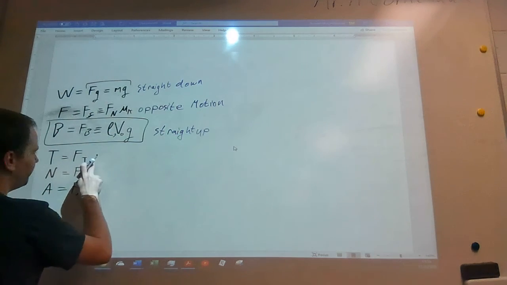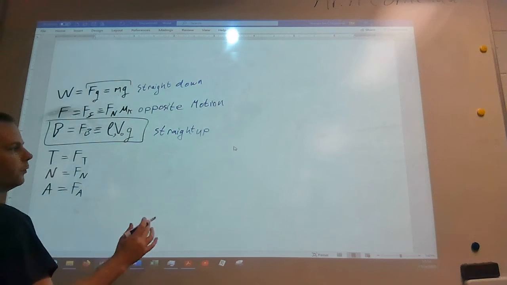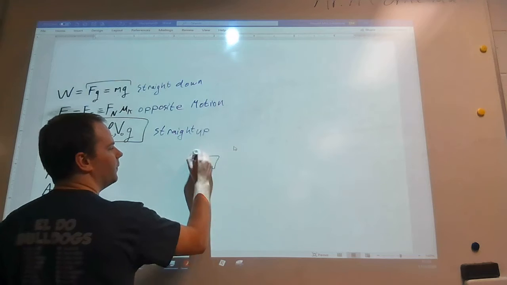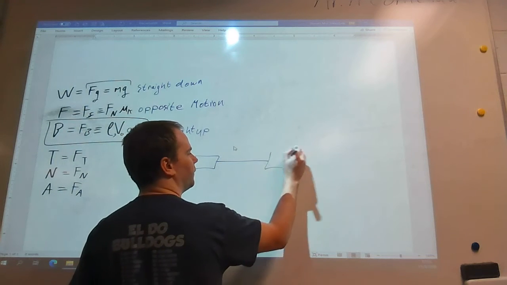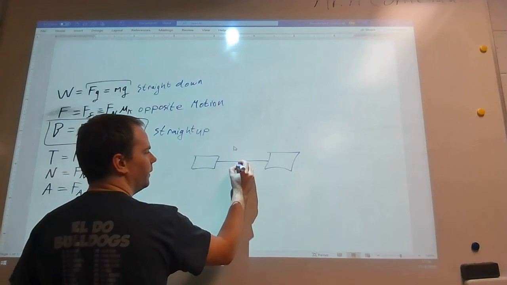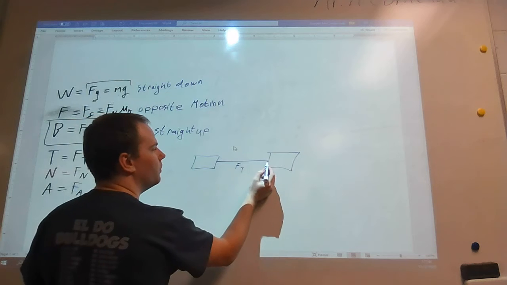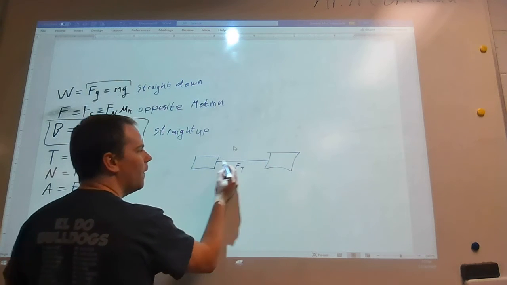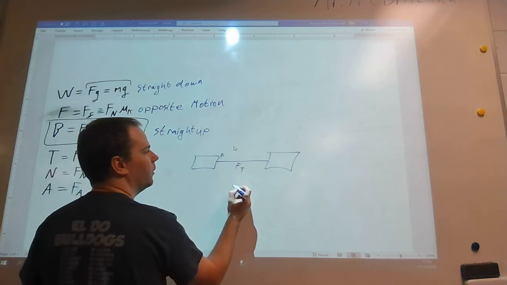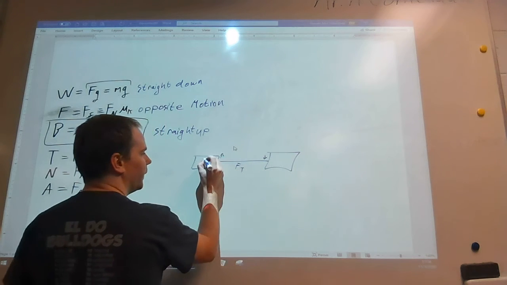Now, tension force is always going to be equal on both objects. So let's say we have these two objects that are connected by a string. Okay, we would call the force exerted by the string the tension force. And it is the same on both sides. So the tension can't be high over here and low over here. It must be the same.